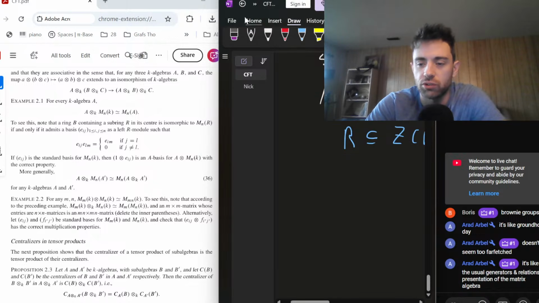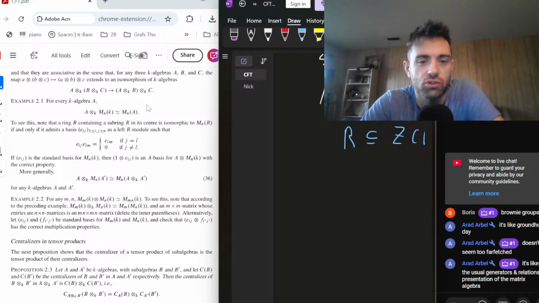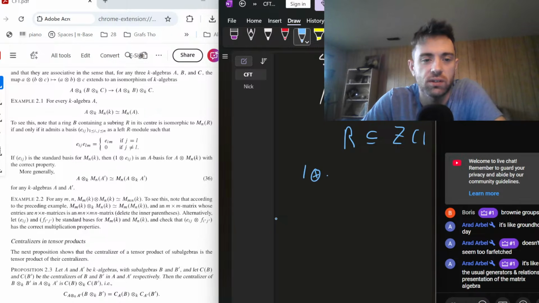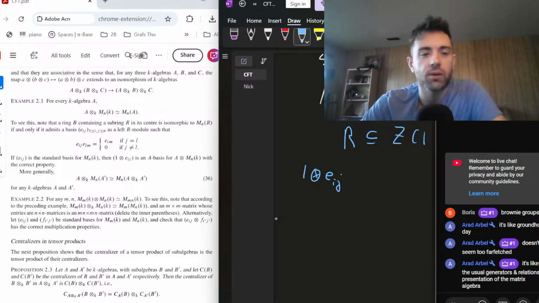It's like the usual generators and relations for a presentation of the matrix algebra. Sure. But this if and only if statement, I definitely believe it when he says, oh, you take this and that will be such a basis.